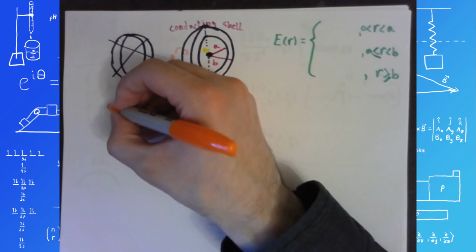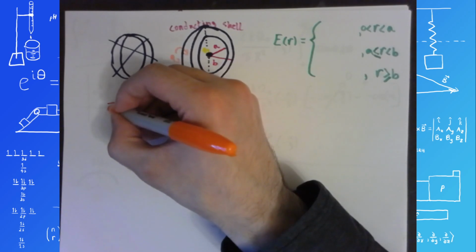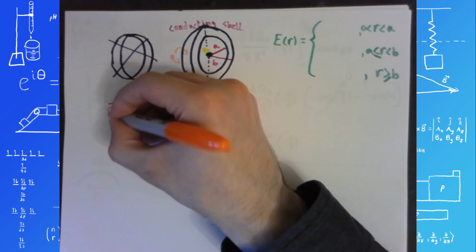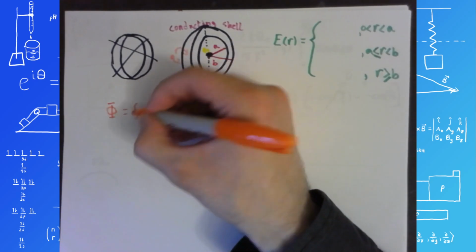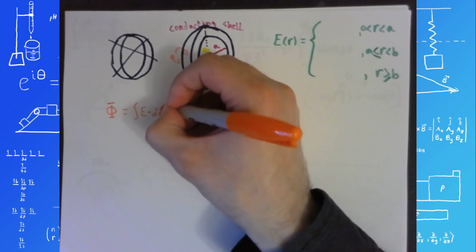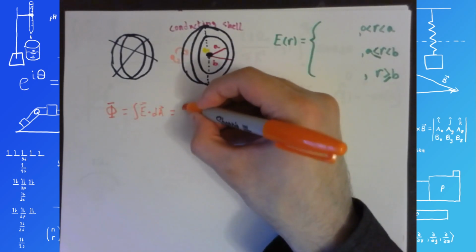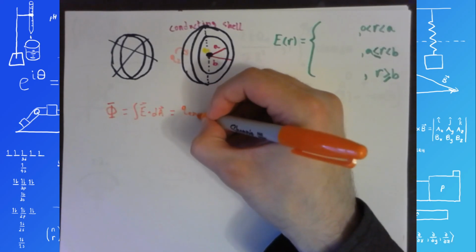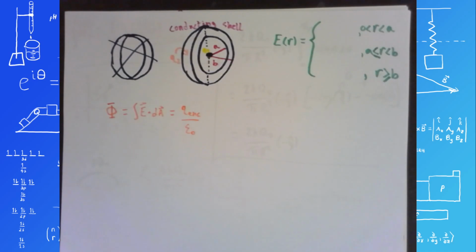Well, Gauss's law tells us that the flux, integral E dot dA, is equal to the charge enclosed over epsilon naught, or epsilon 0 if that's what you prefer to call it.